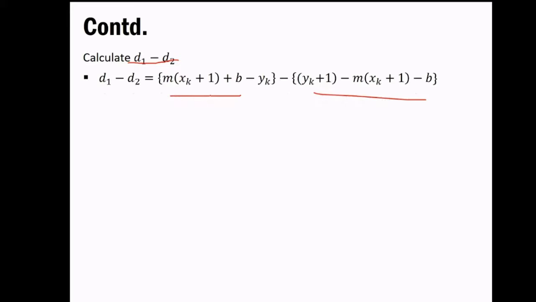Obviously, if you have m over here, the next step is to multiply m with the terms that are available. So mxk plus m plus b minus yk, similarly minus yk plus 1 minus mxk minus m. See, we are changing the sign because of the minus and minus b over here.